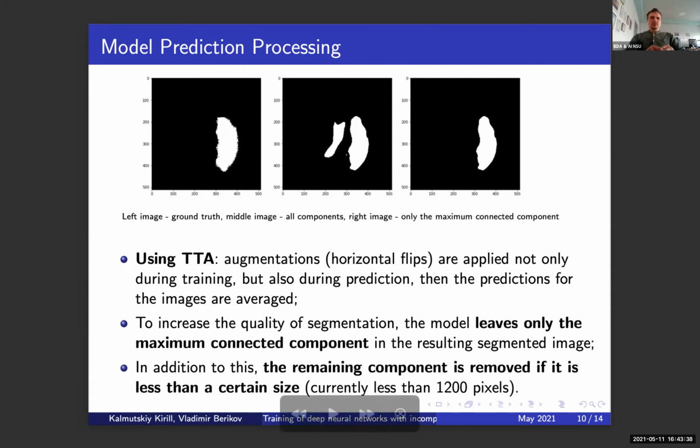I have several questions, starting from this slide. What is the value for your future user if you remove small connected components? So we assume that if we left only a small component, then our segmentation algorithm has failed, because in many cases the area of stroke is, I would say, large, and it cannot be smaller than some certain size.